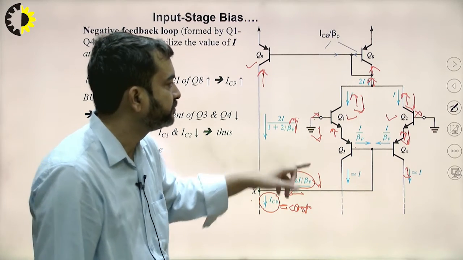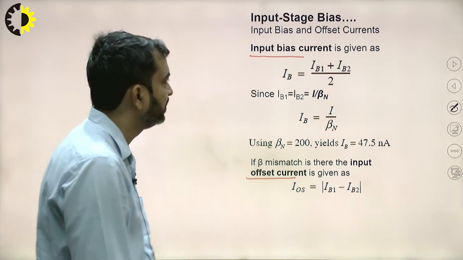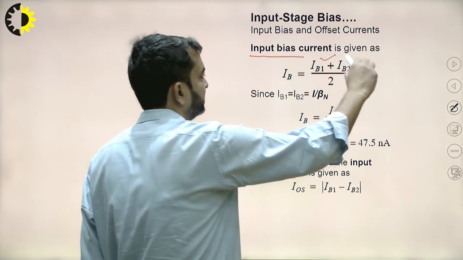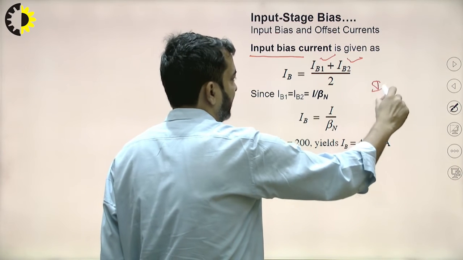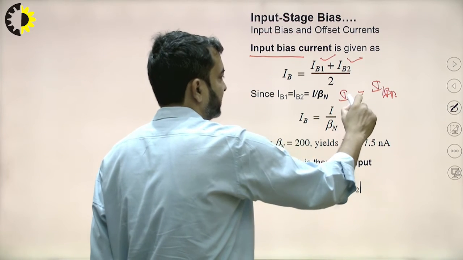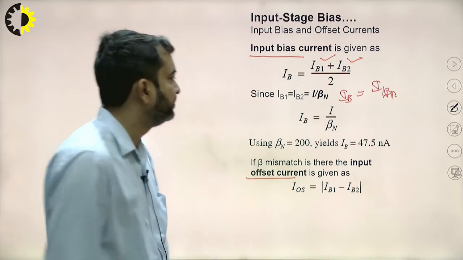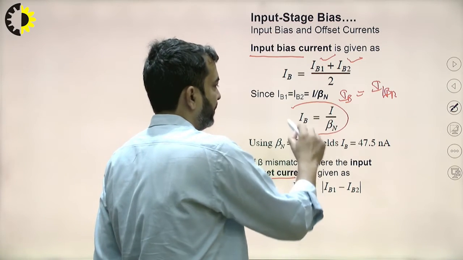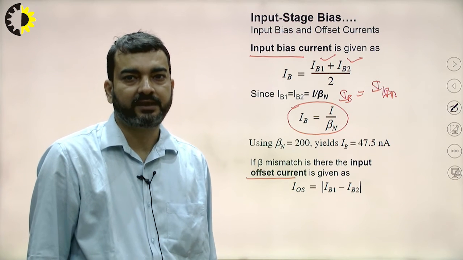So we will say the bias current is the average of these two base currents. So IB is equal to I by beta n. This is the bias current of one transistor, so the average of this will be I upon beta n. This is the input bias current.